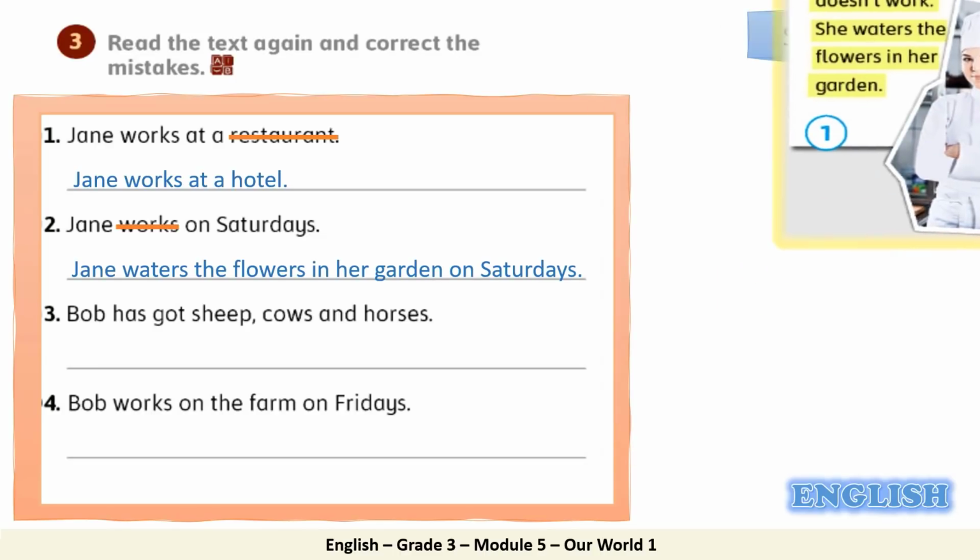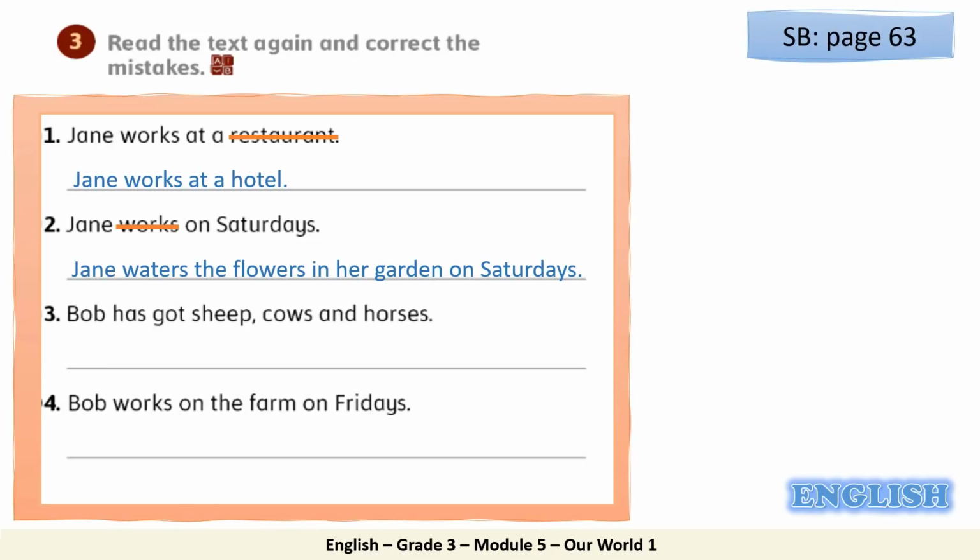Number 3. Bob has got sheep, cows, and horses. What's incorrect in this sentence? Great job! Horses is incorrect. Bob has got chickens, not horses.